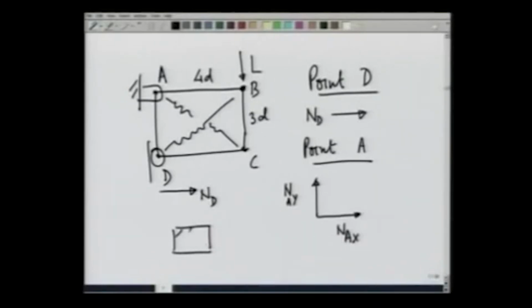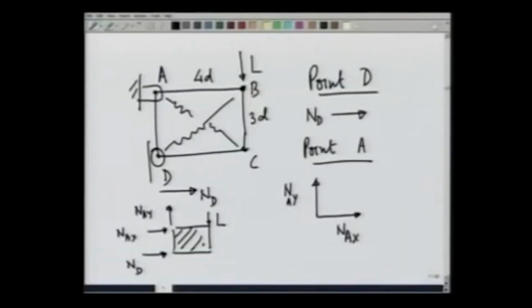So, on the entire system, if I make a free body diagram, there is a load L, there is a reaction here ND, there is a reaction here in the vertical direction NAY, and there is a reaction here in the horizontal direction NAX.